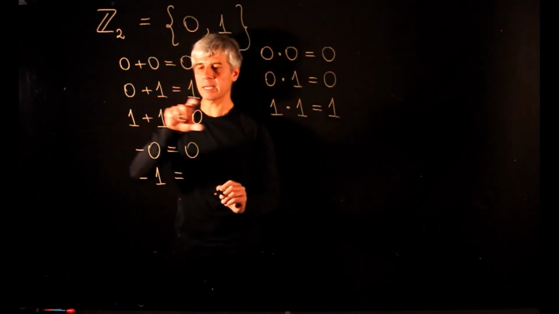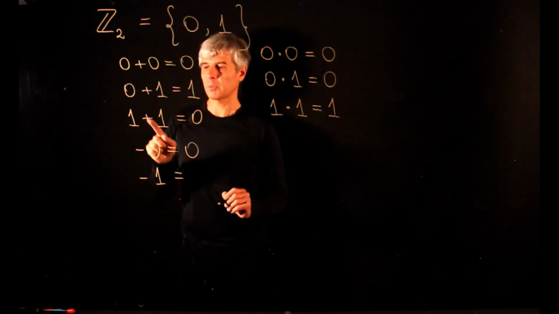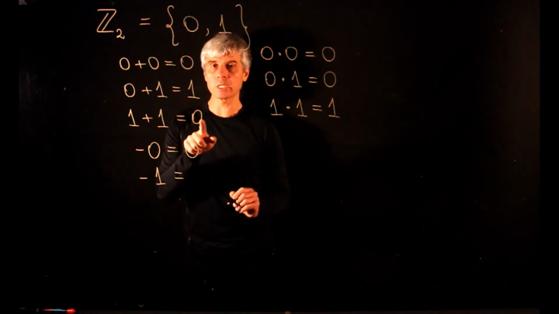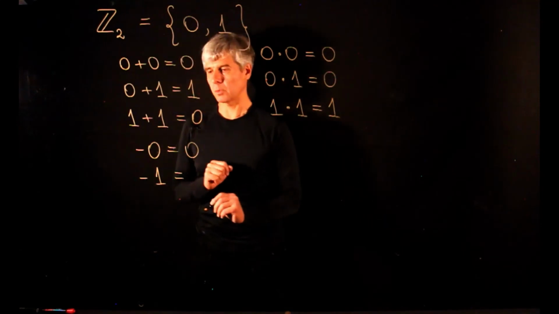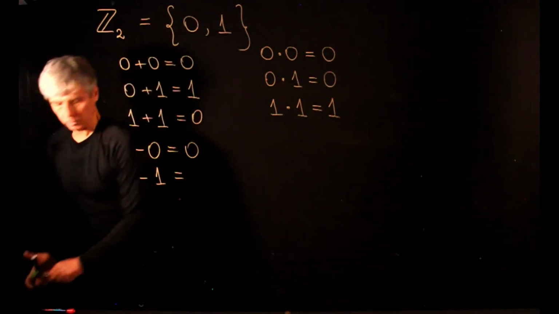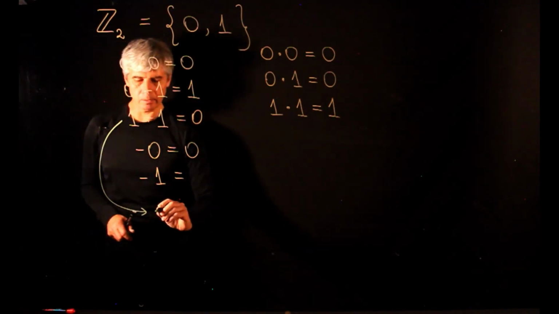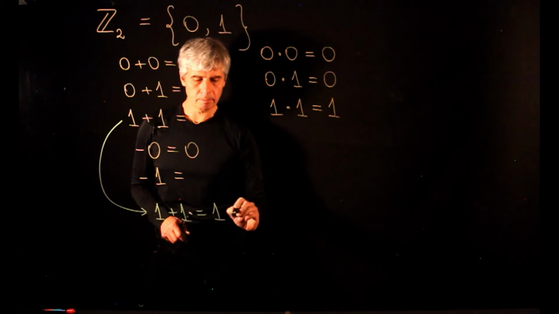So if we analyze this, 1 plus 1 is equal to 0. But we also know that 1 plus negative 1 is also equal to 0, right? And so here we can write that 1 plus 1 is equal to 1 plus negative 1.